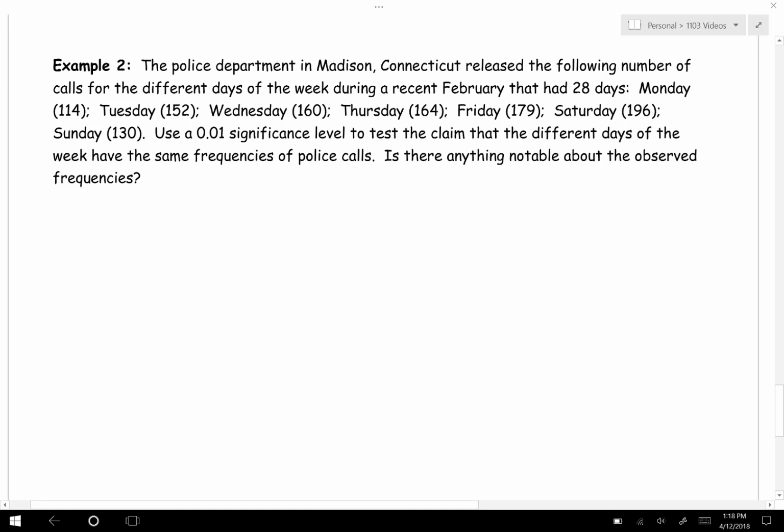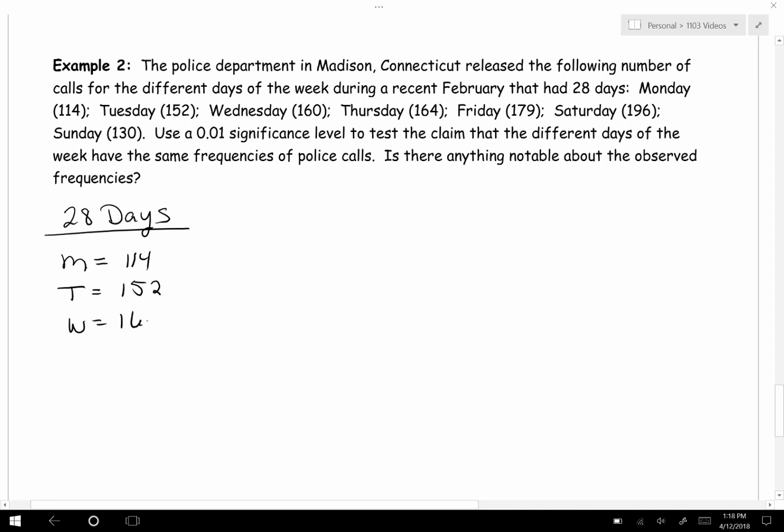So let's just go ahead and write these down. I like to have them summarized in a list versus in the word problem, but you don't need to. You can just take it right from the word problem if you'd rather. So there were a total of 28 days. On Monday, we had 114. On Tuesday, there was 152.